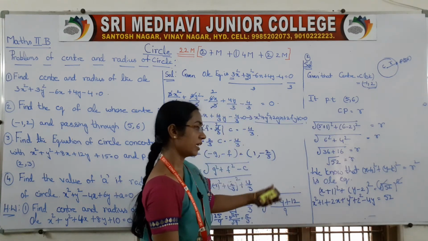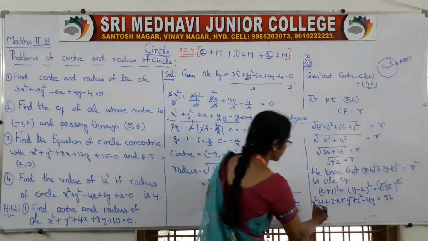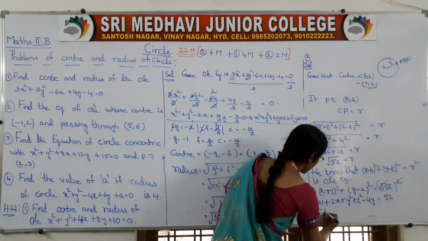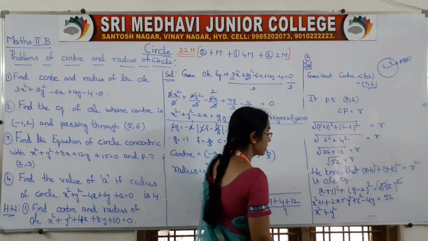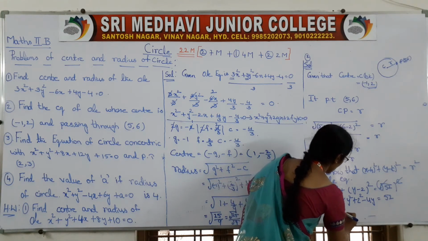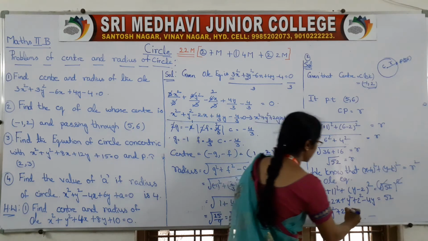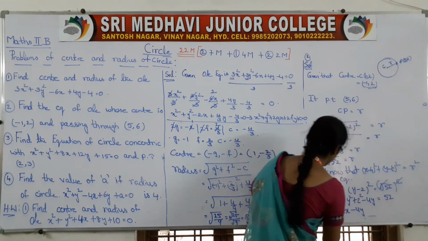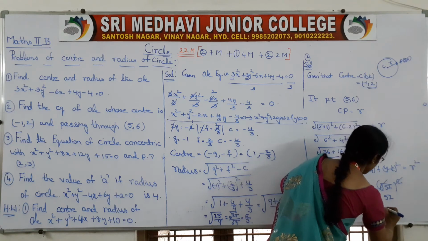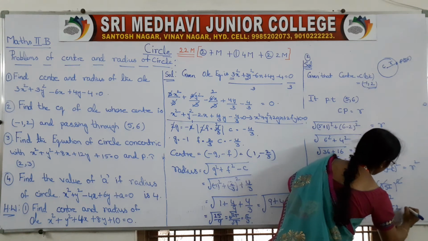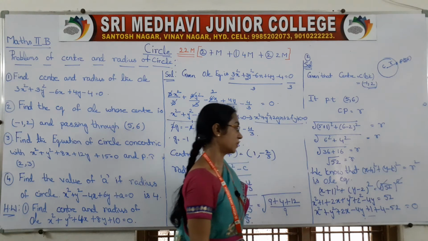So finally write your required circle equation in the order x square plus y square, next x term that is 2x, next y term that is minus 4y, and here it is 1 plus 2 square is 5, minus 52 is minus 47, equal to 0.